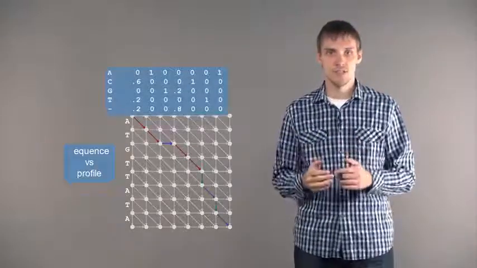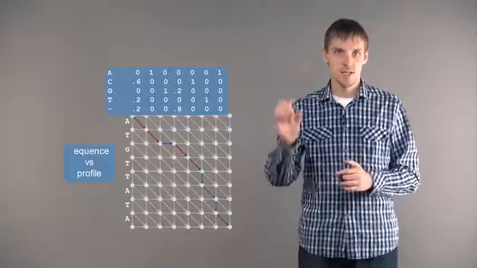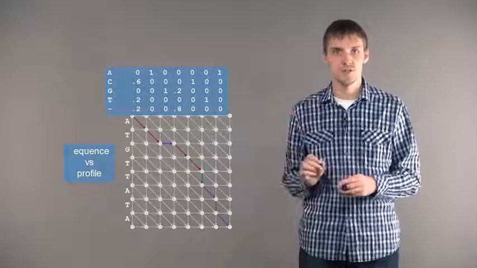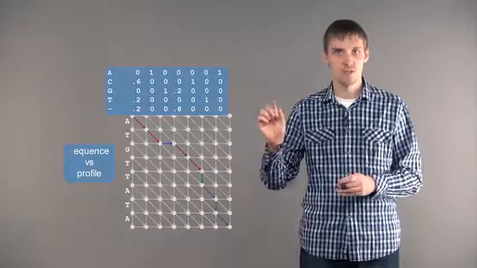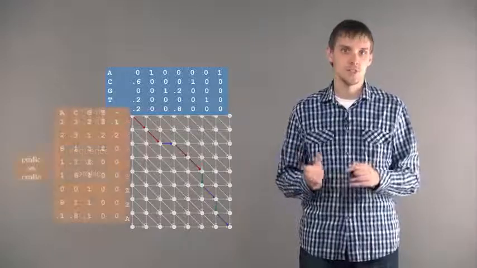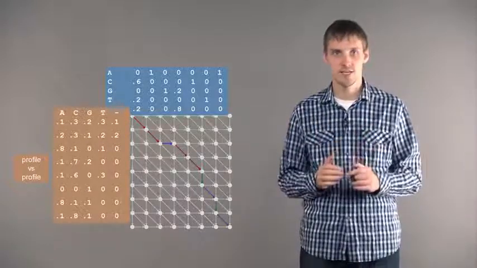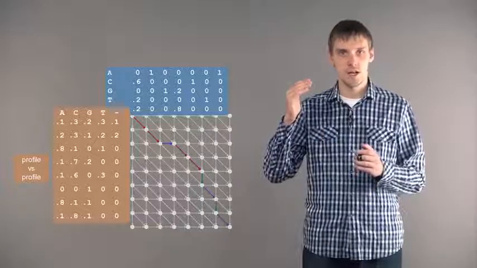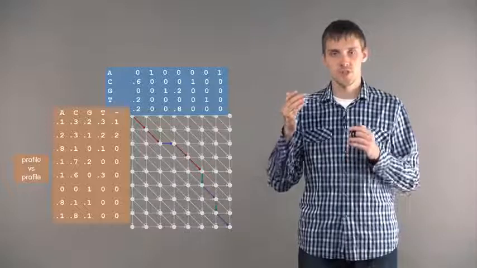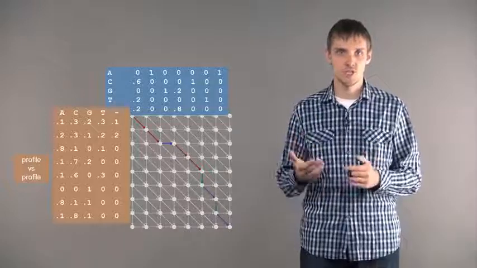But you can replace a sequence with a profile, and you can use values proportional to the values in a profile to score each edge in the graph. Also, you can use a profile as the second sequence, and you can align these two profiles in a very similar way to how you aligned two sequences with each other.